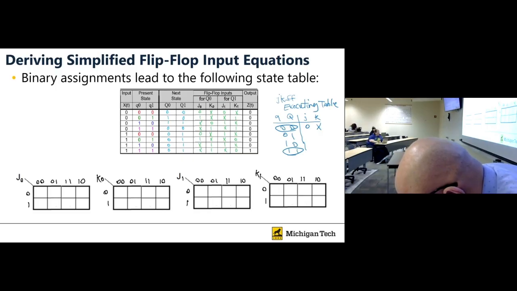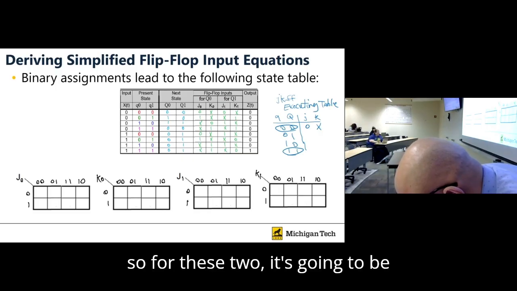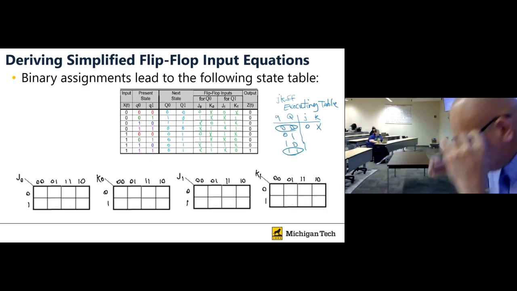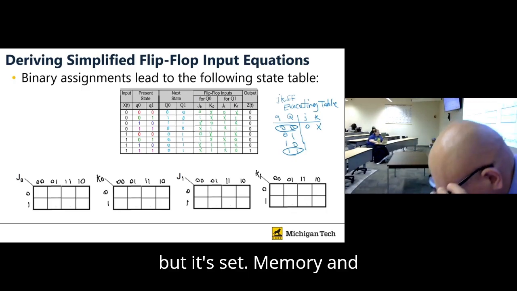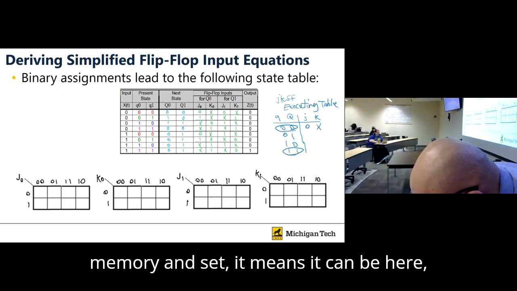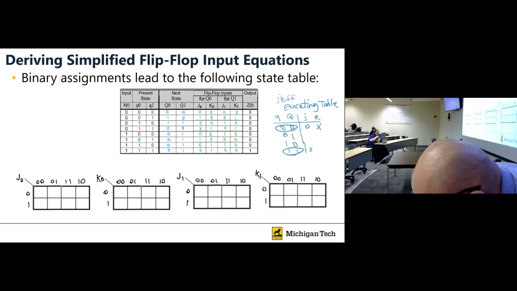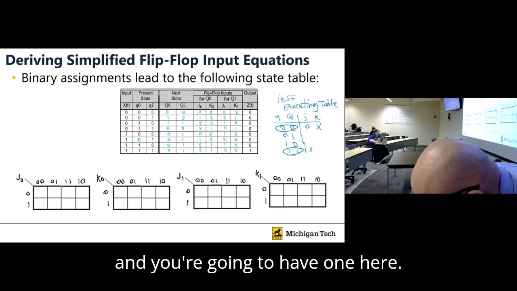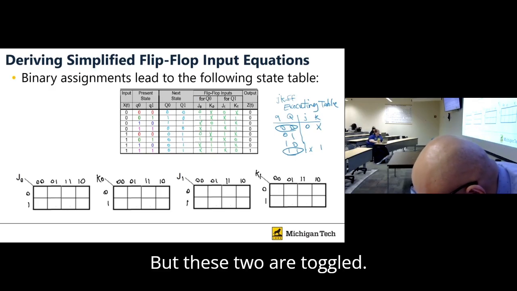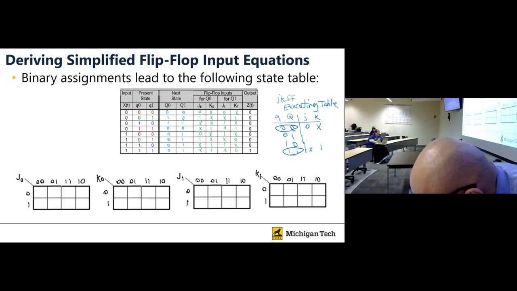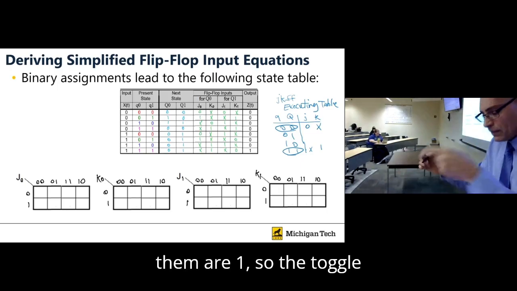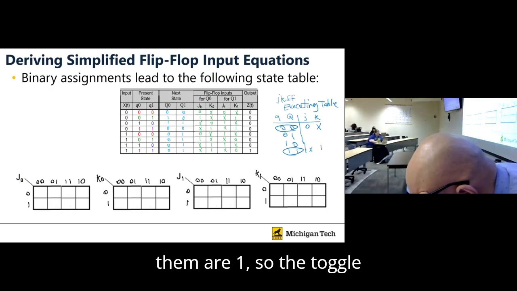For these two, it's going to be similar. Here is memory, but it's set. Memory and set. It means it can be X here, and you're going to have 1 here. But these two are toggle, and in JK, when both of them are 1, the toggle is happening.